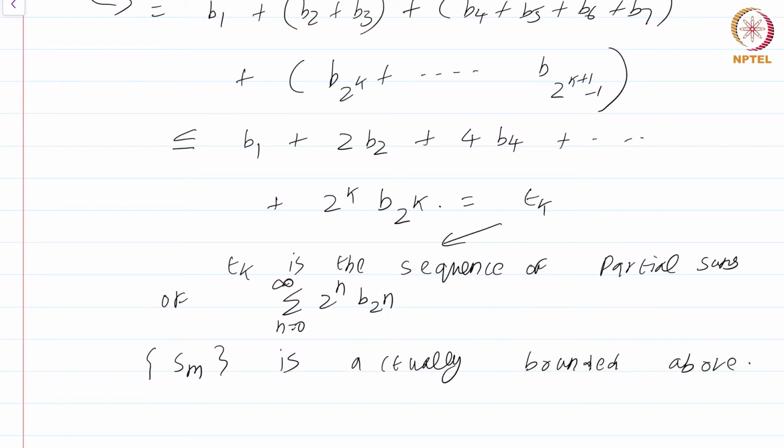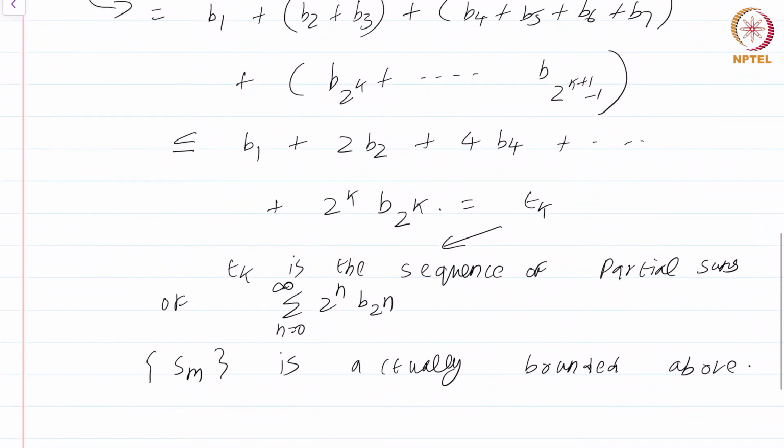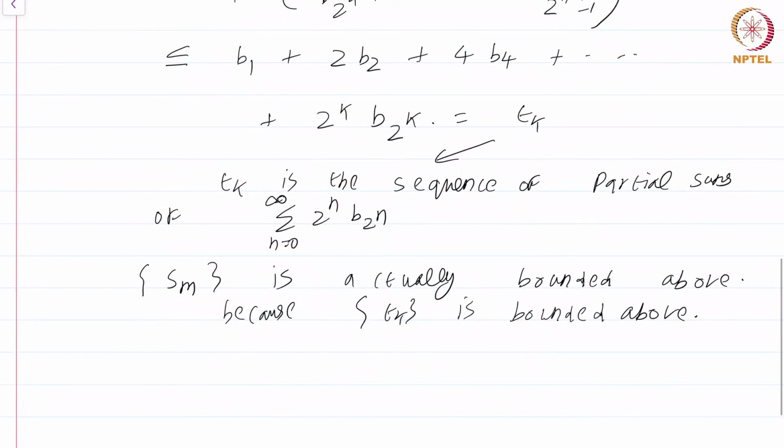If you take the mth term where m is less than or equal to 2 power k plus 1 minus 1, then Sm is less than or equal to tk. Therefore Sm is bounded above because tk is bounded above. Why is tk bounded above? Simply because the sequence tk converges. That's the hypothesis. Therefore Sm is bounded above. By the monotone convergence theorem, we are done.